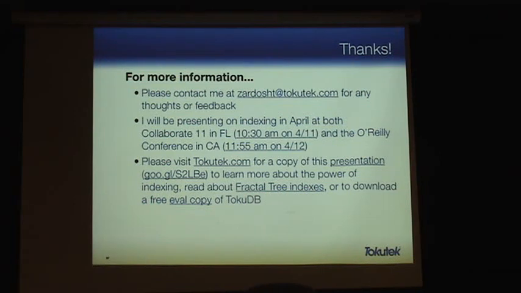Any other questions about fractal trees versus B trees? One of the things that made us want to implement clustering keys was that we had customers who knew what their where clause was, but didn't know what their select fields were, and they were throwing a whole bunch of columns into the secondary index to make it covering.